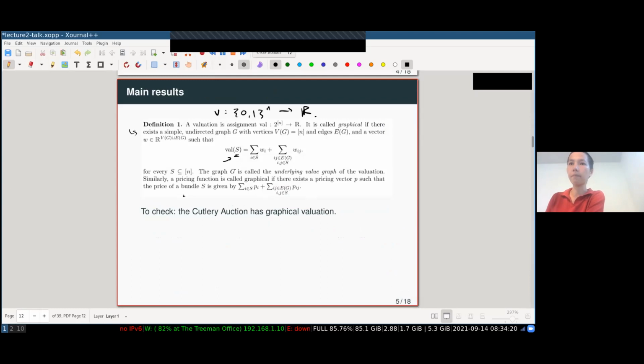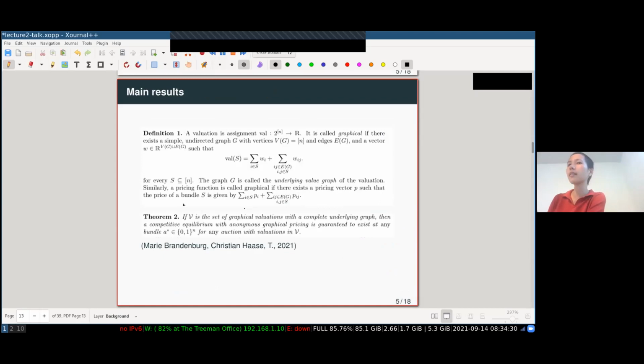Great. So let's assume that the agents have graphical valuations, and my pricing vector is also a graphical valuation. Then the theorem is that as long as the graph that each agent has is a complete subgraph of n, the agents don't necessarily have to bid on everything.